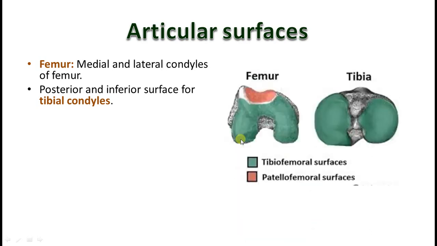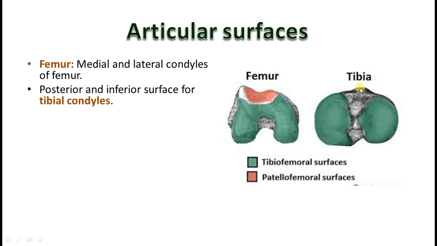Then you are able to see the tibial condyles. The upper surface of the tibial condyles is articular, which forms the inferior articulating surface. This is the raised area, the intercondylar crest, and this is the intercondylar area you are able to see here, which gives attachment to many structures from the anterior to the posterior part.